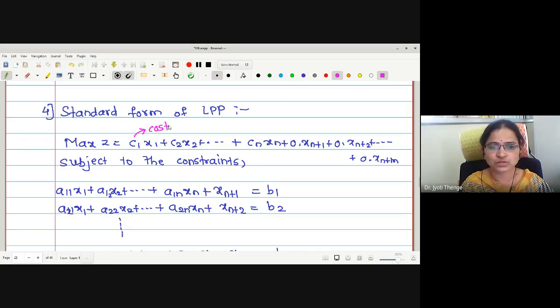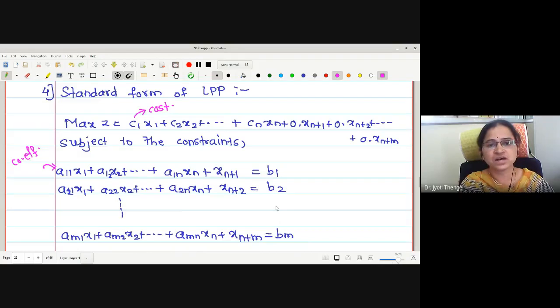You have to remember this word. These are the costs, and the coefficients in the inequality constraints are called coefficients. Make a difference: the coefficient of a variable in the objective function is called cost, while the coefficient in the constraints is called coefficient itself.